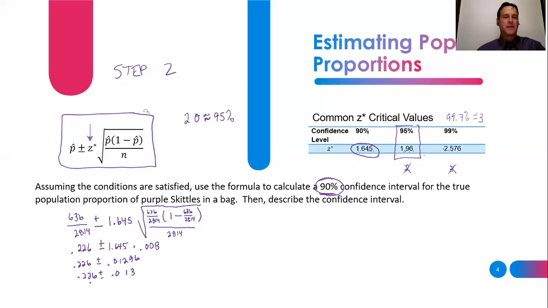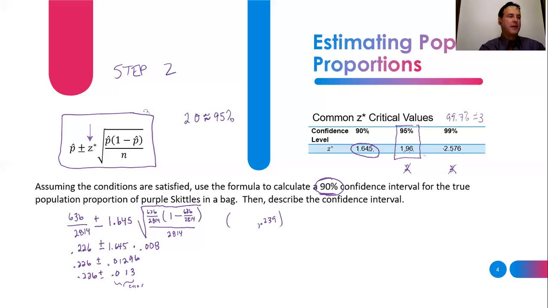Then we will add this and subtract this error, remember this part in the back is called the error, to the 0.226. I like to use my calculator just to make sure I don't make a silly mistake, because that happens with the best of us. This gives me 0.239 as an upper boundary.